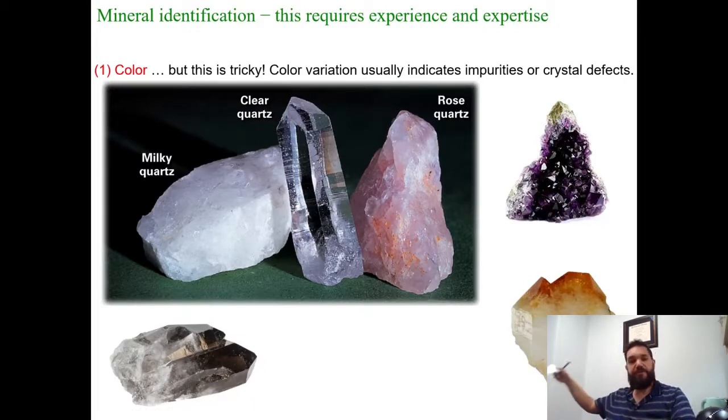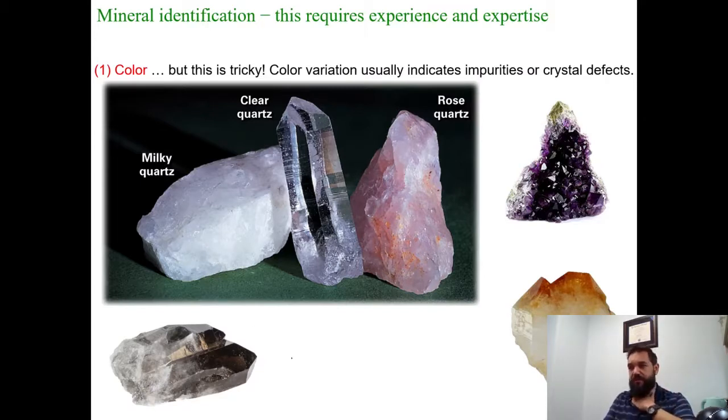Let's go on to the physical characteristics of minerals. Now I have 8 of them here, and there's actually more than that, but you just have to put 8. So you don't have to explain these, you just have to list them all out. But color is the first one. Now color is very tricky, and the reason I say it's very tricky is because if you take a look at your screen right now, you'll see lots of different kinds of quartz, but guess what?